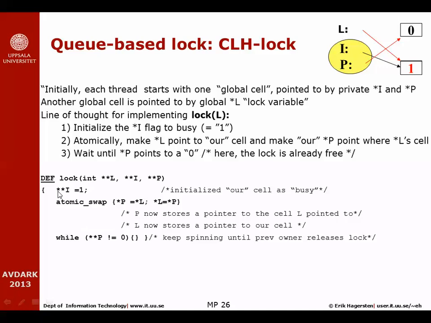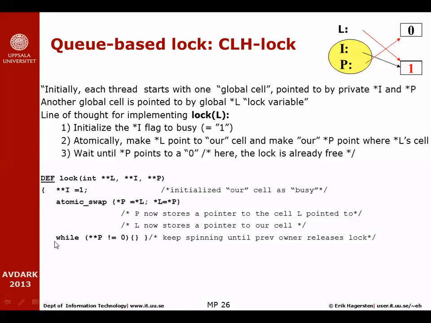First step, set whatever I is pointing to busy, swap whatever P is pointed to and whatever L is pointed to, and set whatever L is pointed to whatever P is pointed to. So this is just one of these atomic swap operations discussed when we initially talked about synchronization.